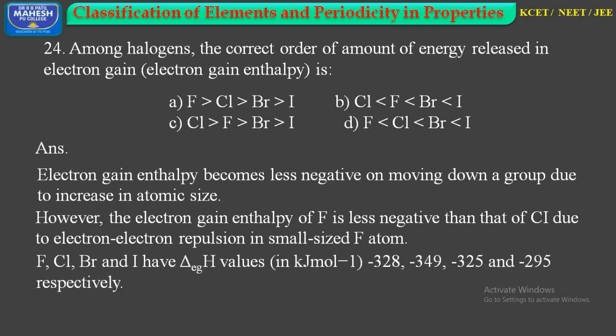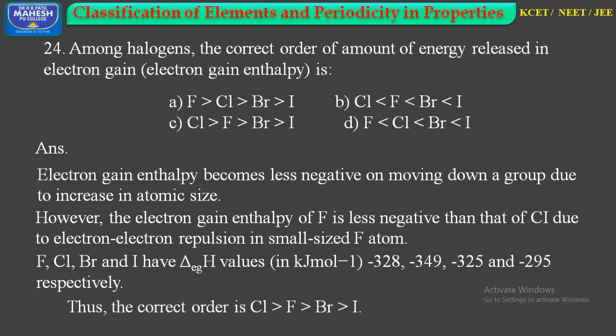Thus, fluorine, chlorine, bromine and iodine have delta H values in kilojoule per mole of minus 328, minus 349, minus 325 and minus 295 respectively.